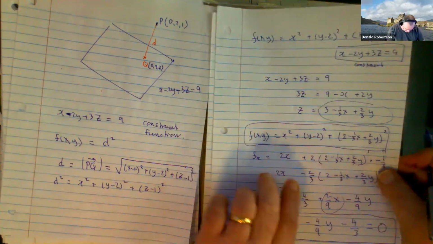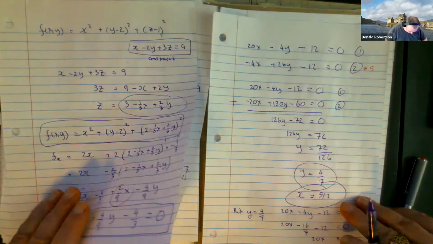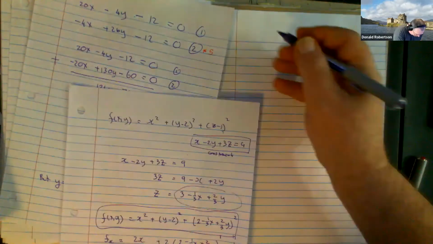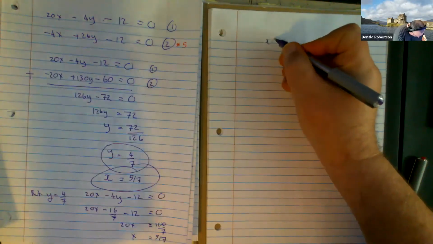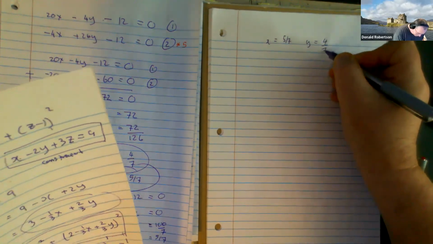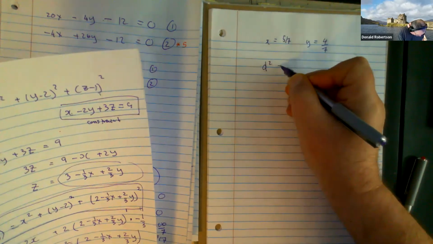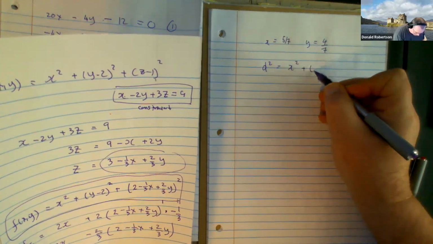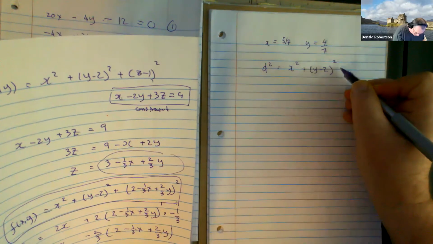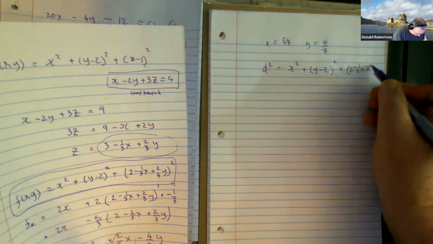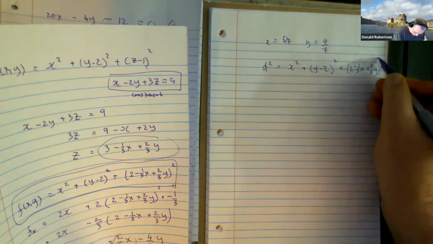Now, this formula that I've got here was D squared. So I know that X is 5/7. I know that Y is 4/7. I know that D squared is equal to X squared plus Y take away 2 squared plus 2 take away 1/3 X plus 2/3 Y squared.